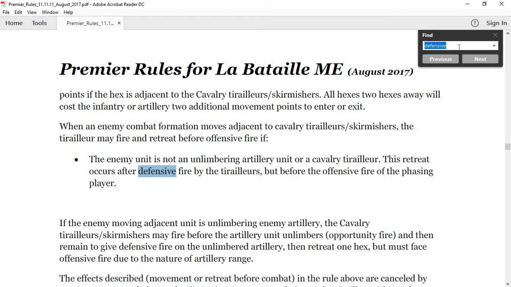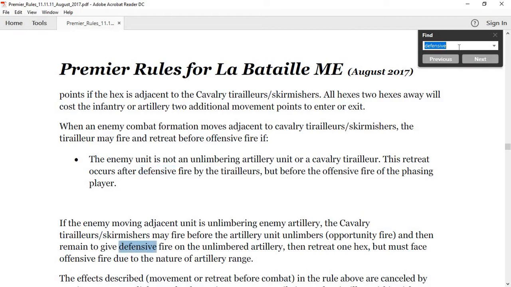When an enemy combat formation moves adjacent to cavalry skirmishers, the tirailleur may fire and retreat before offensive fire if the enemy unit is not an unlimbering artillery unit or cavalry tirailleur. This retreat occurs after defensive fire by the tirailleurs, but before the offensive fire of the phasing player.